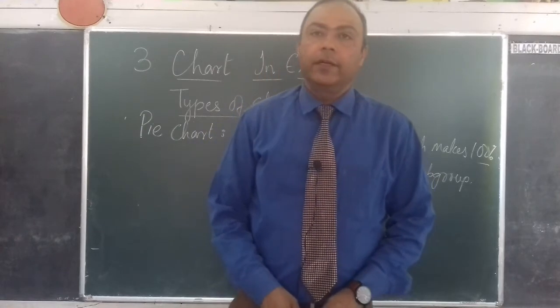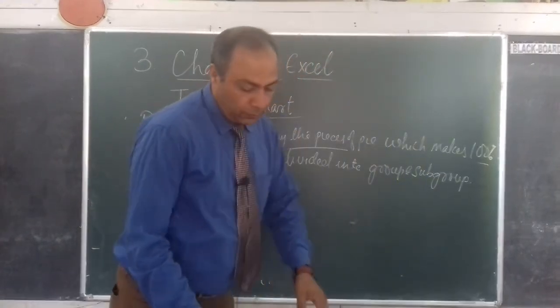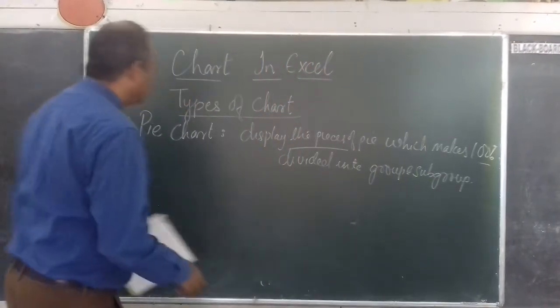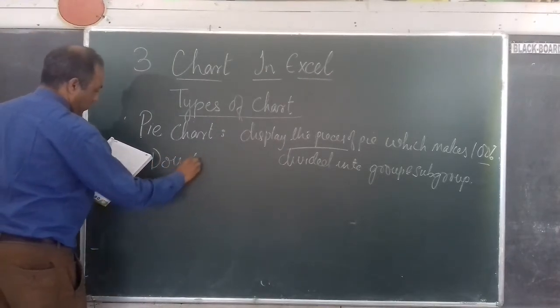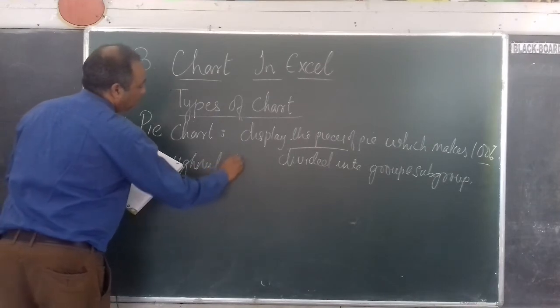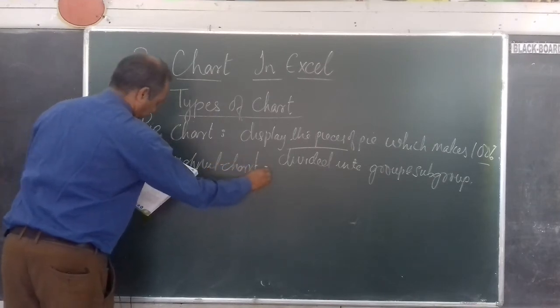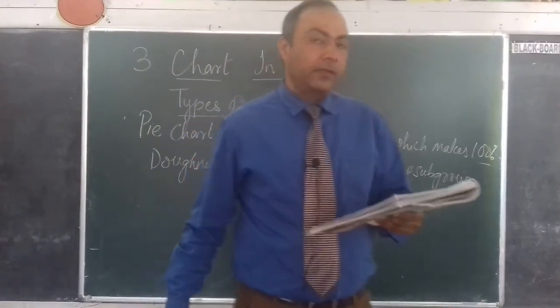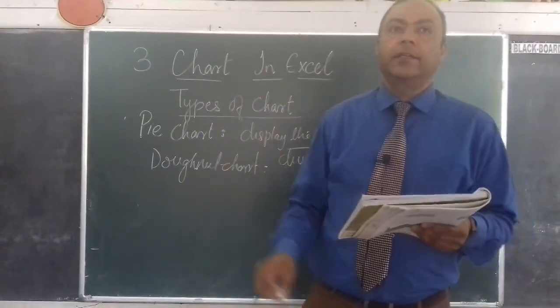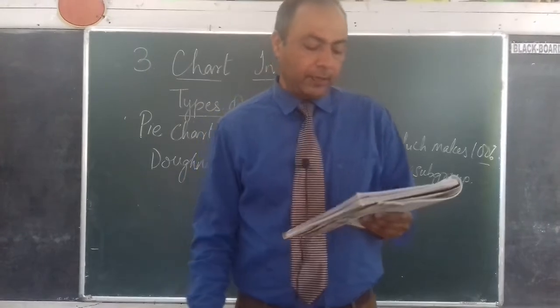So the next type of chart is the donut chart. This is also round. A donut chart is the same as a pie chart with the center part cut out. In the pie chart the whole center is there, but here we don't have the center part.